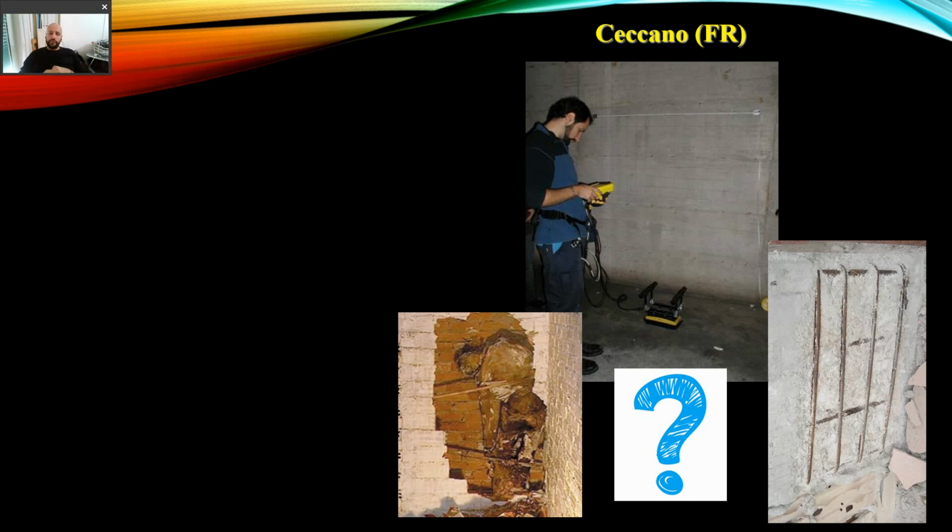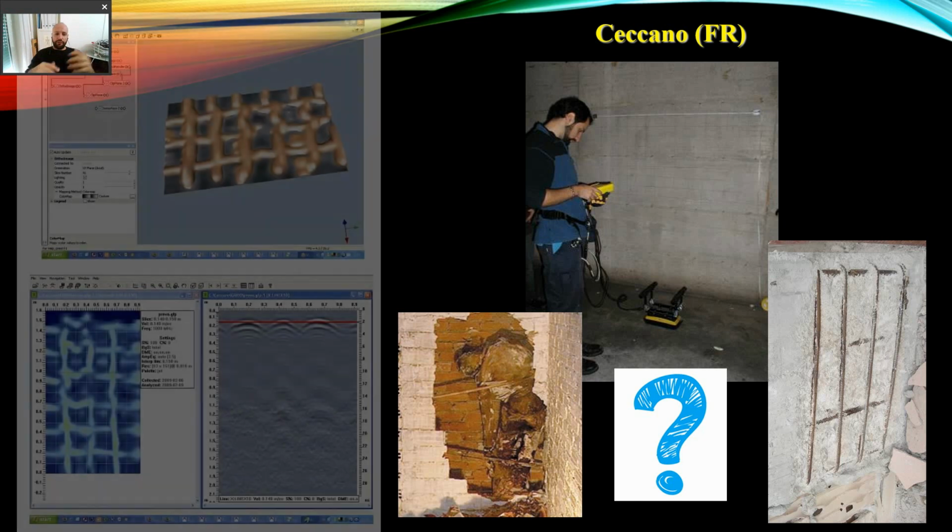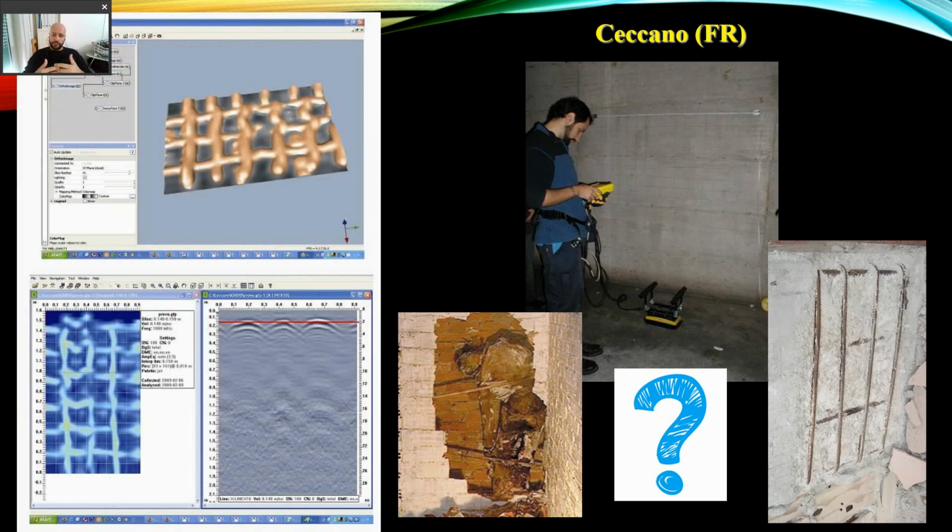The other was the use of second-rate, poor quality material in order to save money, of course, to create a building. As you know, if you use poor quality material, like the metal rods inside the concrete, you can cause the collapse of the building and a lot of injuries. So these were the two hypotheses, and the GPR confirmed the second one. Basically, they used very poor quality materials.